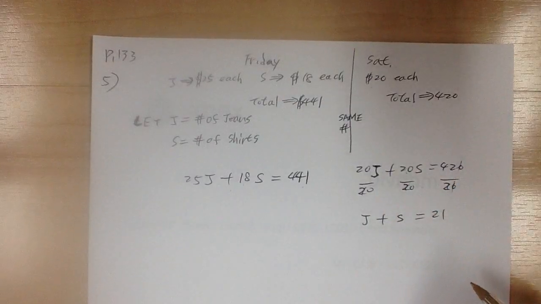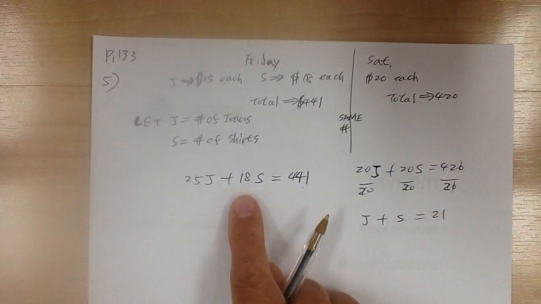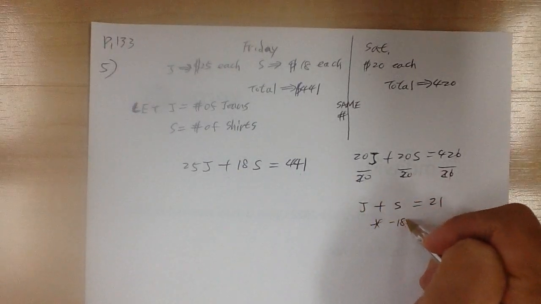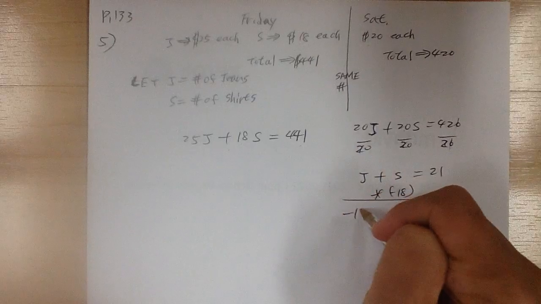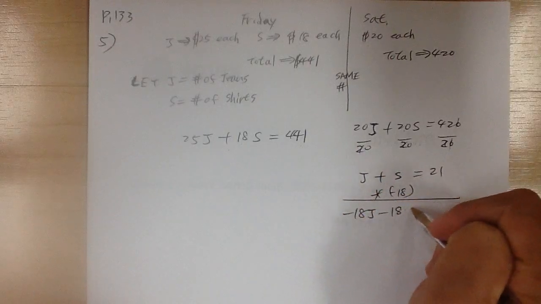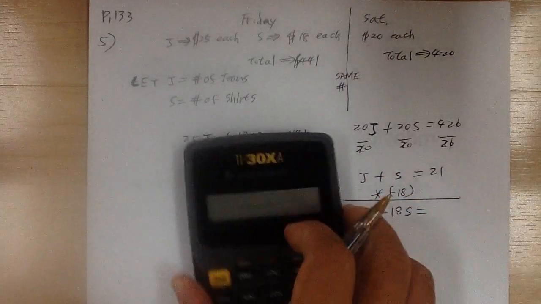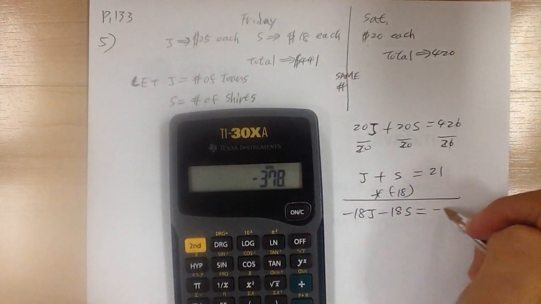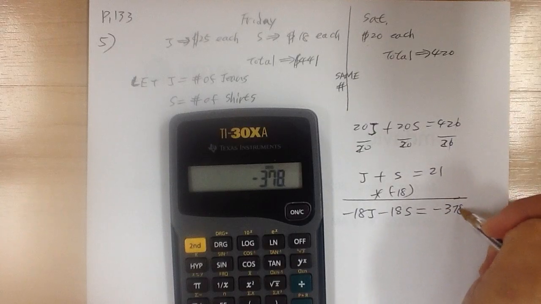Okay. Now I'm going to multiply by negative 18. I'm going to eliminate the S. So multiply by negative 18, so I got negative 18J minus 18S equal to negative 378.